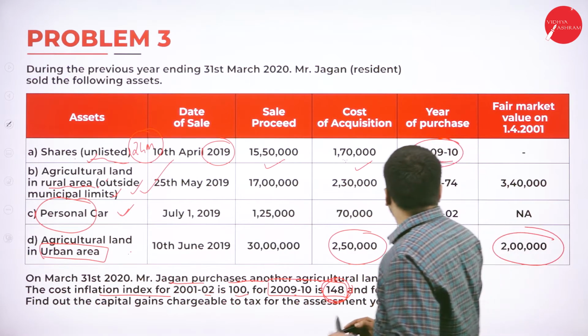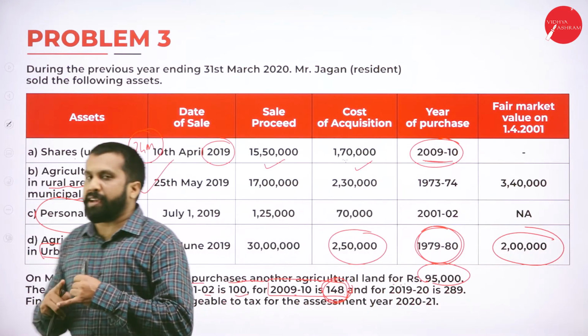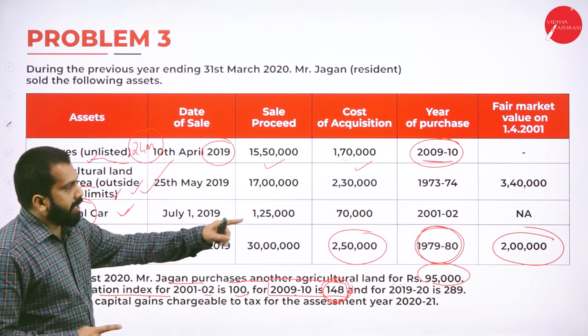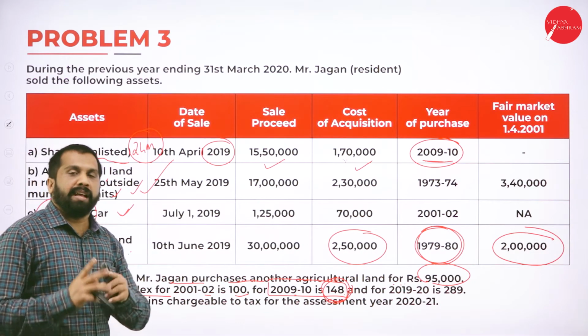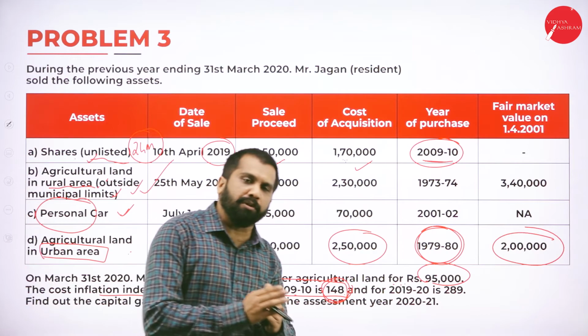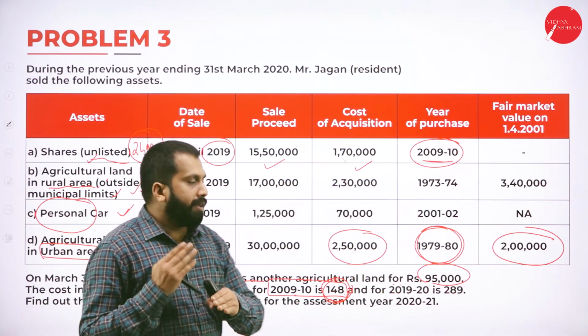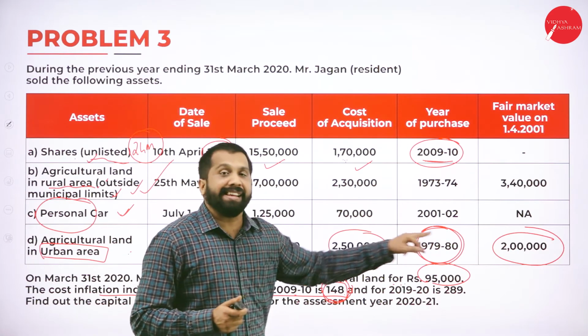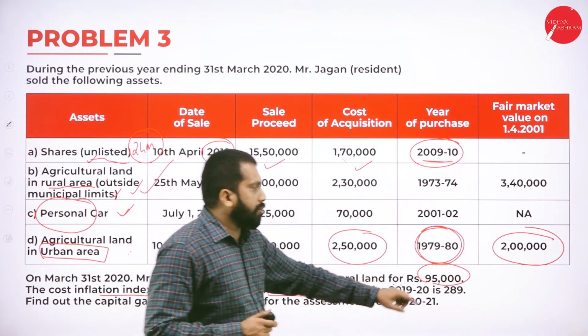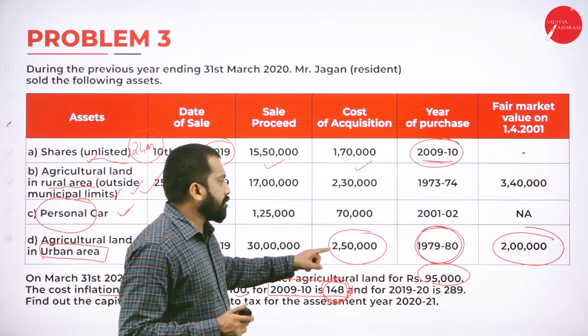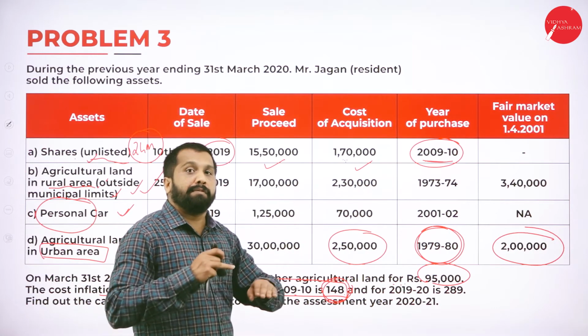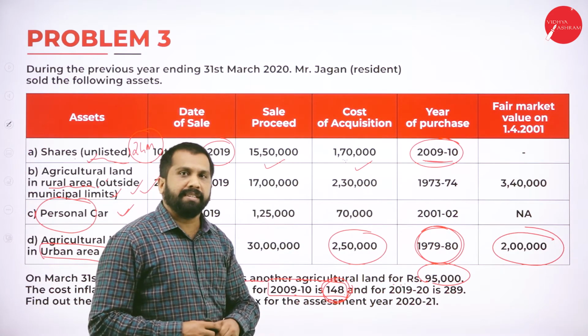There are two things: one is fair market value, one more is actual cost. As I told you, any transaction that happened before 2001 or in 2001, you should always go for the greater value. Whether you should go for 2 lakh or 2,50,000, whichever is higher should be considered.